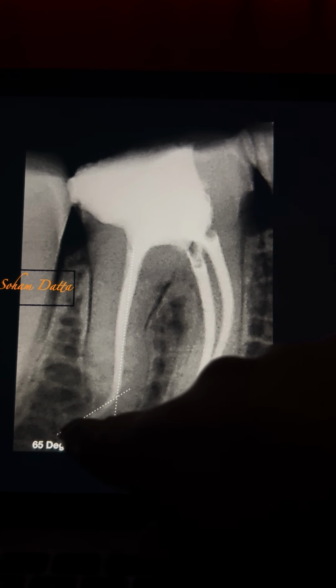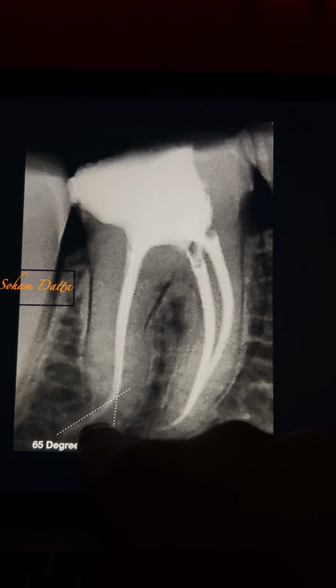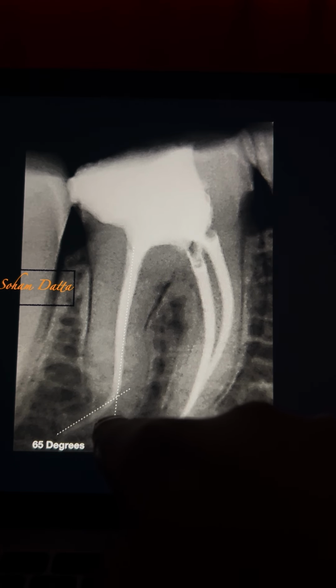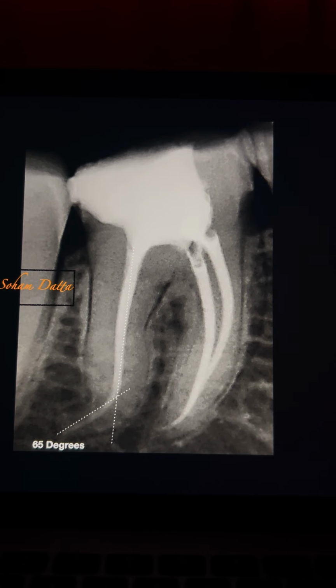So this angulation is approximately 65 degrees, which I was able to manage in this first molar.